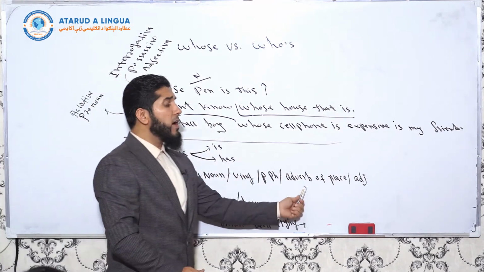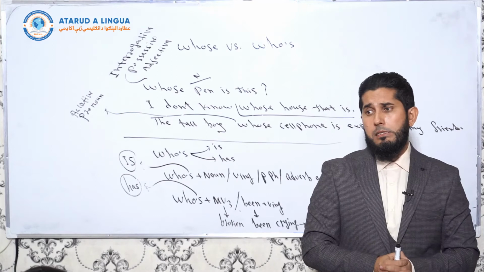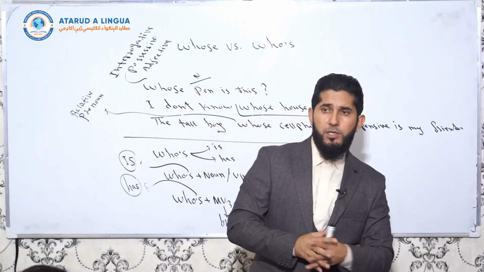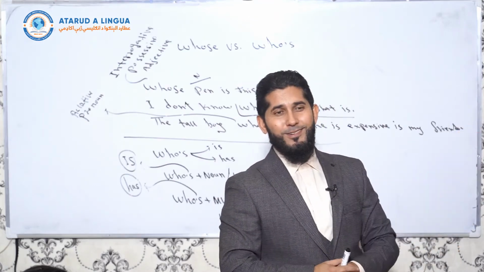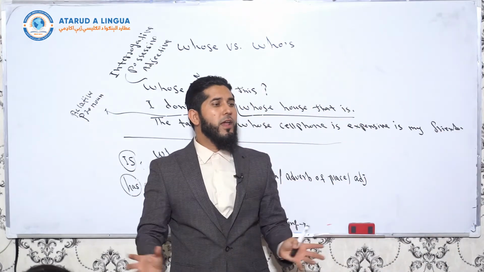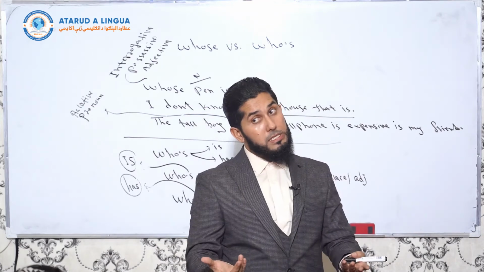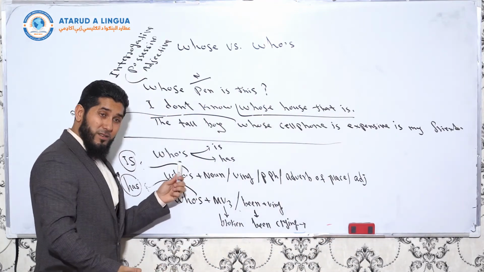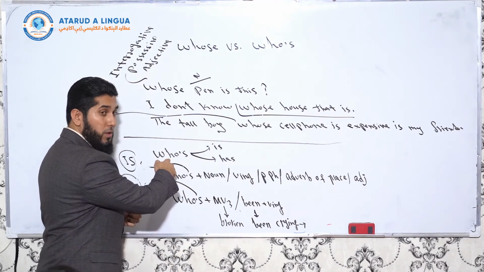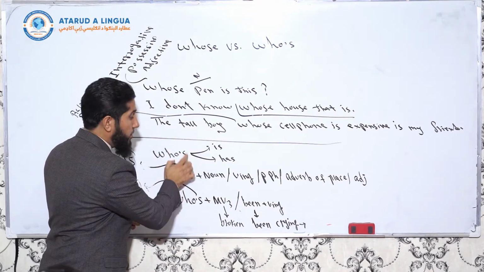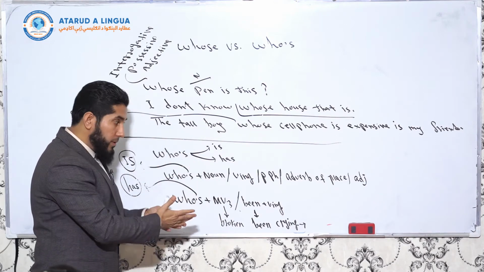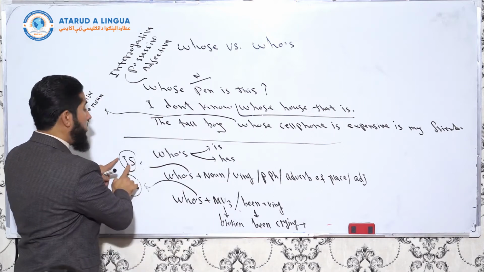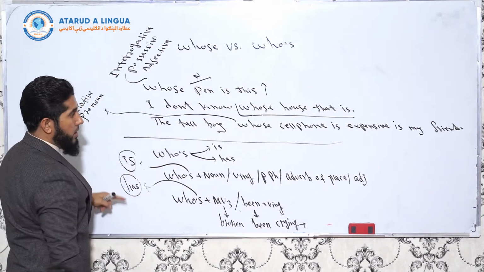If it's followed by an adverb of place: who's outside? Who's upstairs? Who's downstairs? Who's there? Who's here? These are all adverbs of place. If who's is followed by an adverb of place, again, you should know this is the contraction form for is.